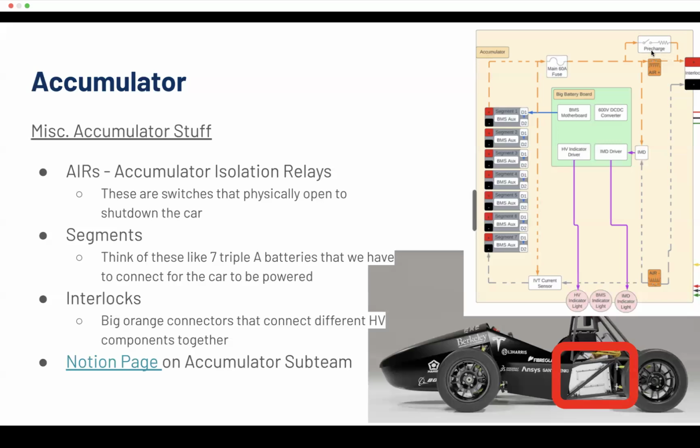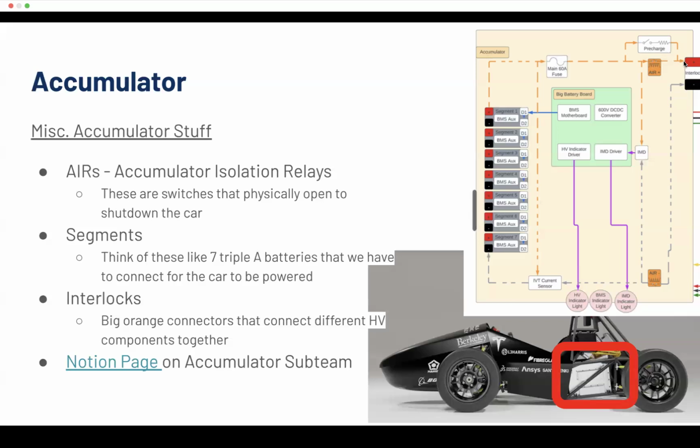So that's what pre-charge does. You can see on the top right here, it's a different switch, actually slightly smaller than the AIRs because the current's lower, and a resistor. So the way the car turns on is you turn the tractive system master switch, the shutdown circuit completes, AIR minus connects first, then the pre-charge switch closes, but AIR plus does not close. Then, as the capacitor charges through this resistor, which we can set how long that takes, right?